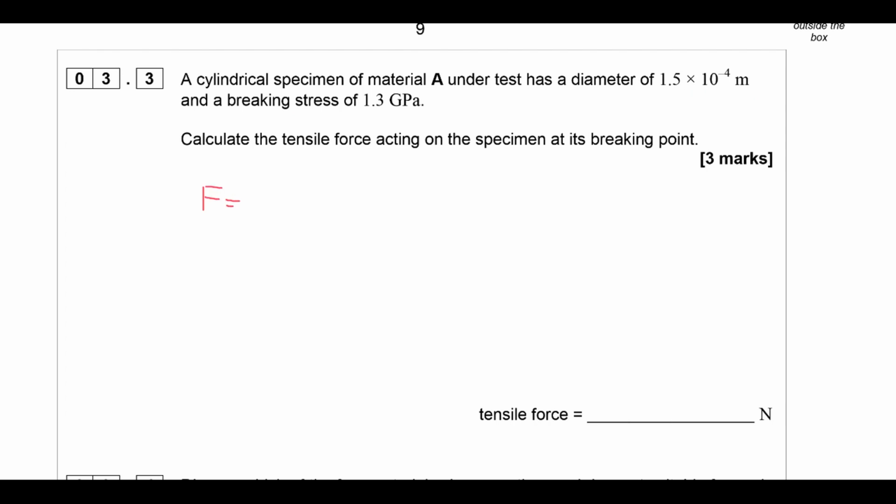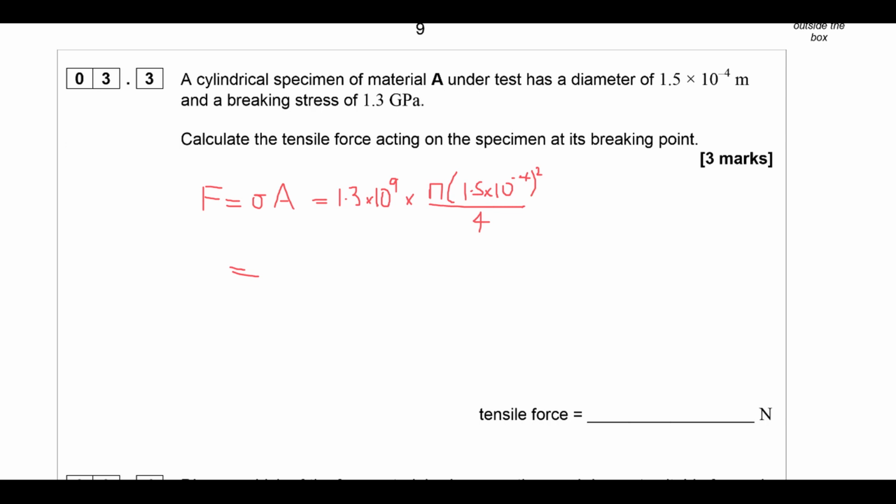Force is going to be stress times the cross-sectional area. So that's 1.3 times 10 to the 9, because it's in gigapascals, times pi, times 1.5 times 10 to the minus 4, that's the diameter squared. We'll divide that by 4 because we actually need pi r squared there.